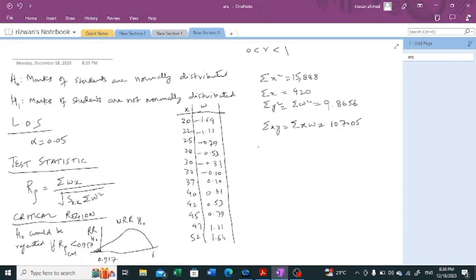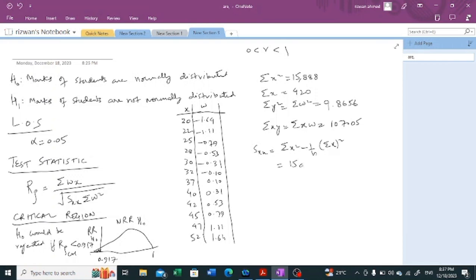Now we need to first work out the value of Sxx. Sxx equals summation x squared minus 1 upon n times summation x whole squared.